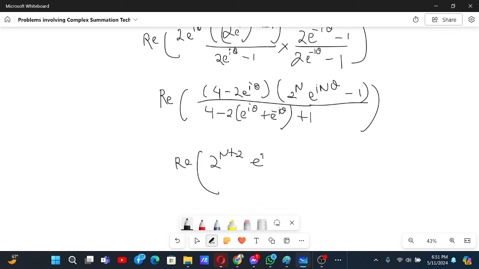e to the power i n theta minus 2 to the power n plus 1 e to the power i theta n plus 1.